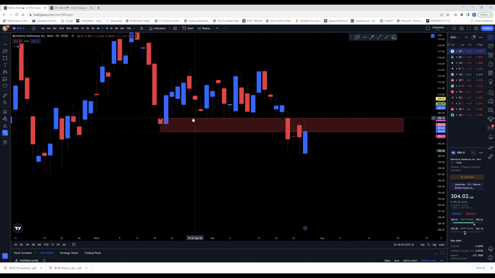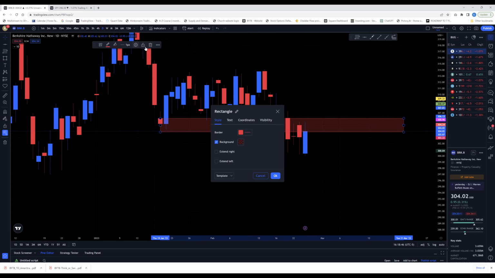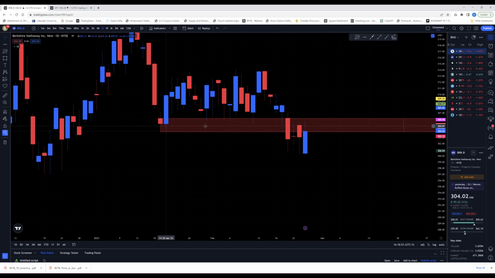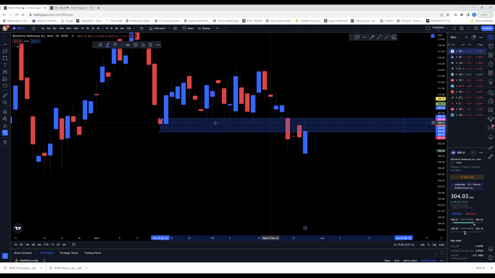If you go to your settings, you can change it so it automatically extends right, and that way you won't have to move it. Basically, this lets me know. And then I'll usually turn the color blue because it's typically a demand zone or support area.